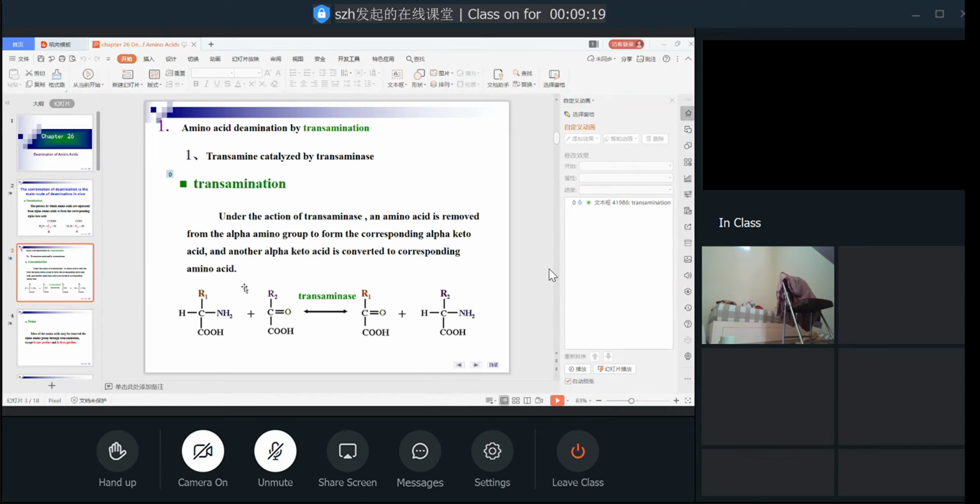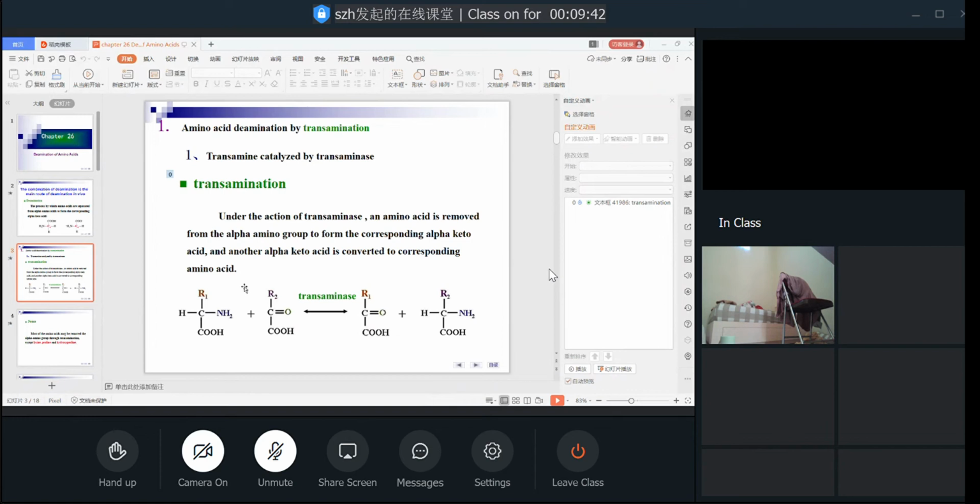Transamination means one kind of amino acid and another alpha ketone acid, catalyzed by transaminase, produce another kind of alpha ketone acid and another alpha amino acid.